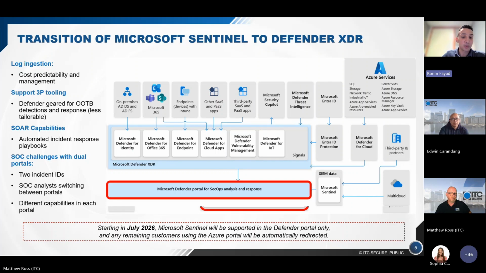We take the data, we correlate the data from the Defender XDR capabilities. If you have endpoints protected with MDE, Defender for Endpoint, if you have your Office 365 and Exchange and you have Defender for Office 365 as your secure email gateway, we can natively integrate with Sentinel and have that unified view in the unified Defender portal. Again, we'd be more than happy later down the line to show you what that looks like, the admin experience and how to navigate the portal.